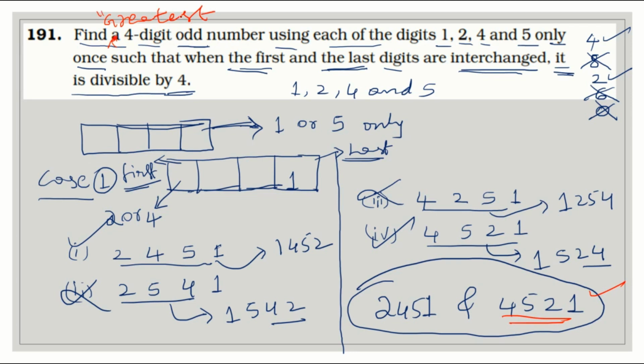So this is missing. If he corrects this sentence, you can have the right answer as 4521. Find the greatest 4-digit odd number is the right question.